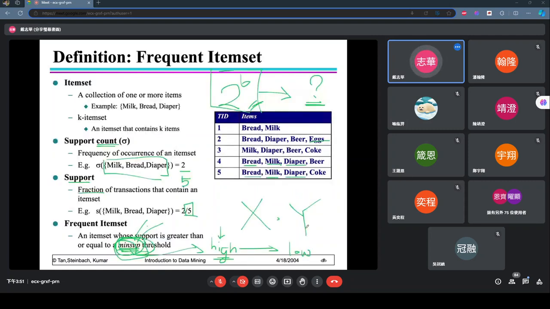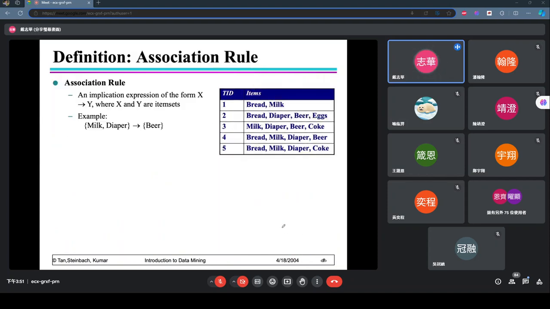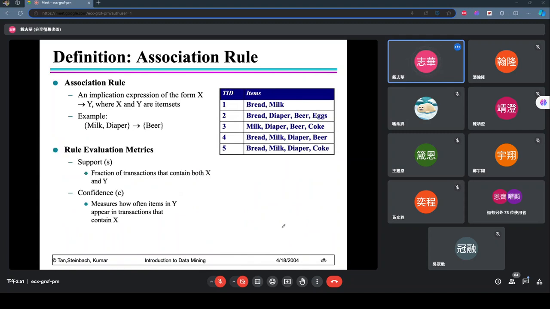So then, based on the frequent itemsets, we have X and Y. We want to combine them to form the rules.